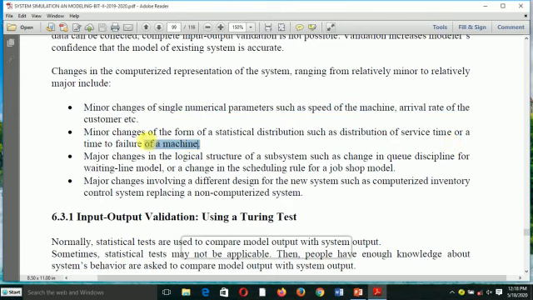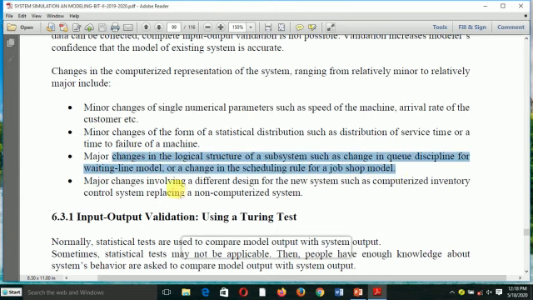You can change some parameters. For example, if you change some values, the mean will change. There can be some major change in the logical structure of some systems, such as a change in queue discipline from a waiting line model or a change in the scheduling rule of a job. You can change many things.